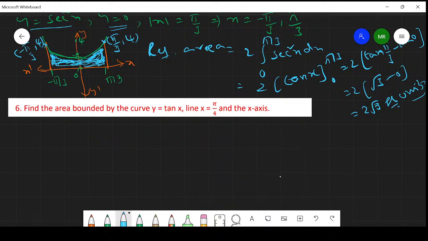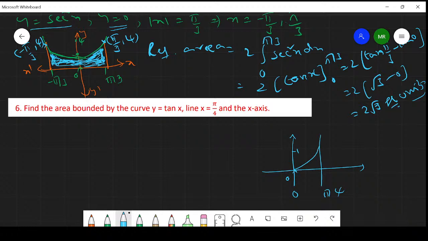You can see here, this is pi by 4. This is 0, the origin here. Tan pi by 4 is 1, roughly I can put 1 here. Tan 0 is 0.